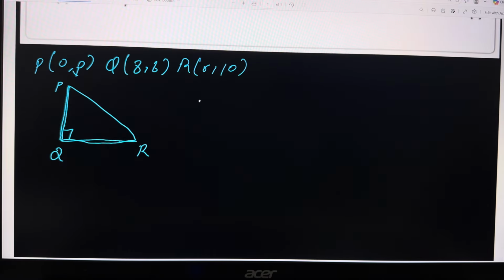Now we know that perpendicular gradients multiply to give minus 1, gradient of PQ times gradient of QR is equal to minus 1. They're negative reciprocals, because for example, if the gradient of PQ is 2, the gradient of QR will be minus 1 upon 2, because they're perpendicular.